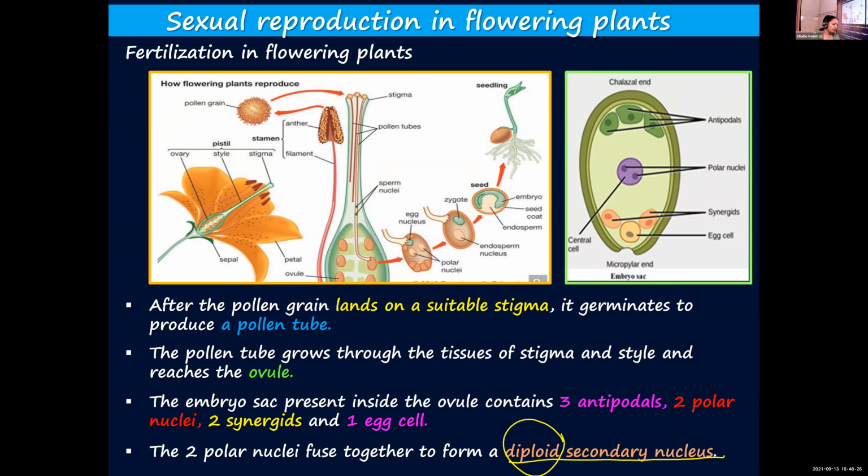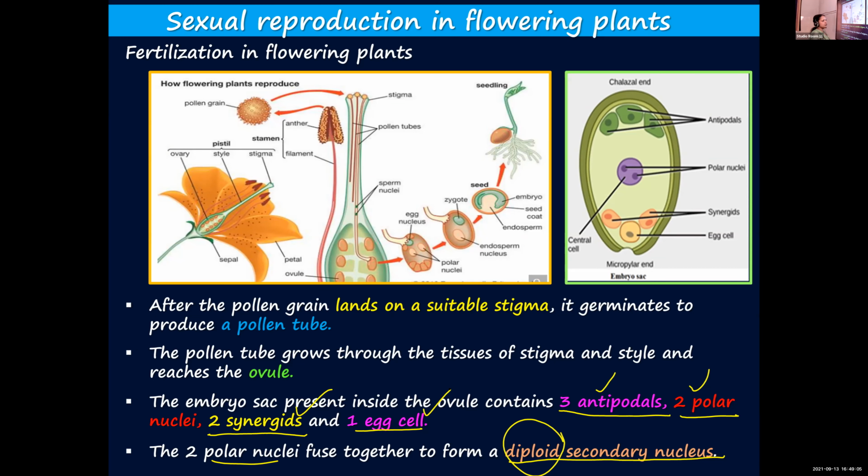So why is it becoming diploid? Because 2 polar nuclei are fusing, so it becomes diploid secondary nucleus. You should remember these names once again. Inside the ovary, ovule: 3 antipodals, 2 polar nuclei, 2 synergids, 1 egg cell.